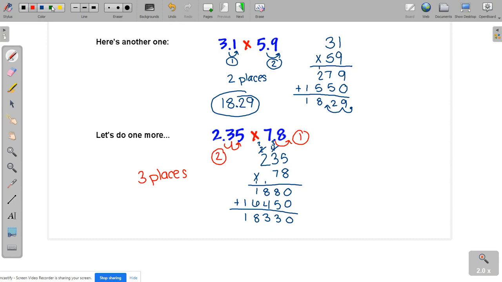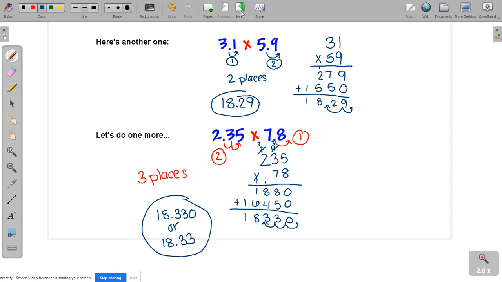So our answer, we move it 1, 2, 3, and we get 18.33. We can add a 0 on, since it's part of our answer, or you could leave it without the 0. So either answer is correct.